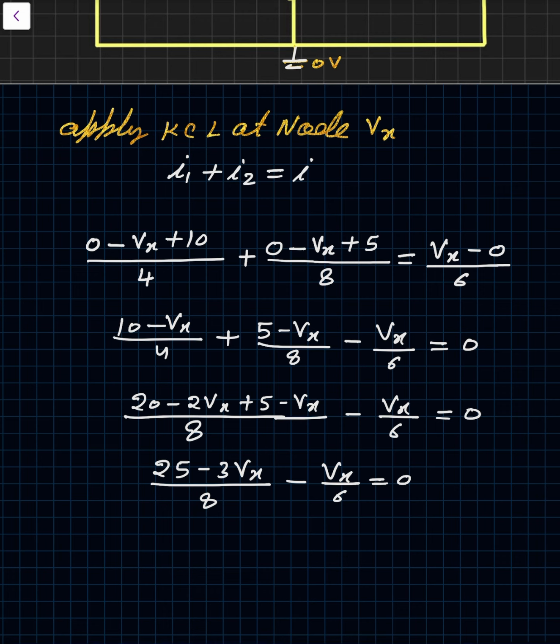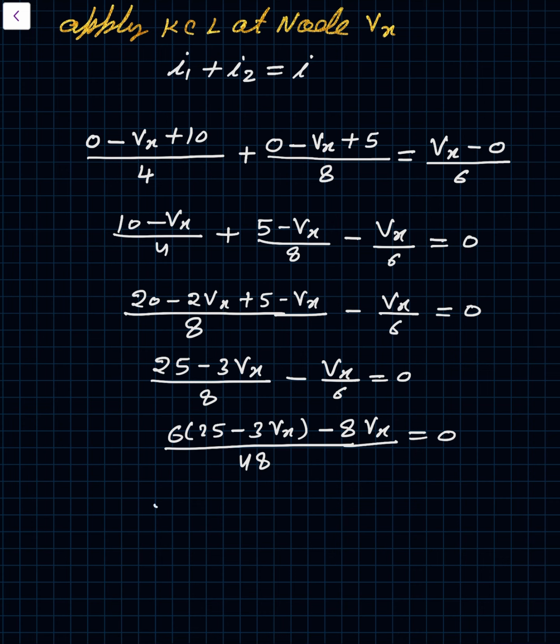Now, after that, take the LCM, that is 48. 6 into (25 minus 3Vx) minus 8Vx, this is equal to 0.